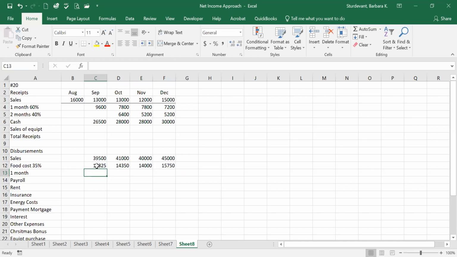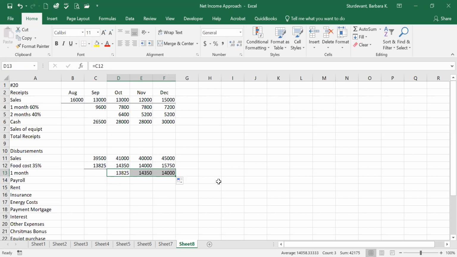Okay, so then I'm going to draw a line under this so that I make sure I don't add it in my totals, because they're paid for the next month. Again, I don't care when they buy it. I care when they pay for it. And so the stuff I bought in September will be paid for in October.